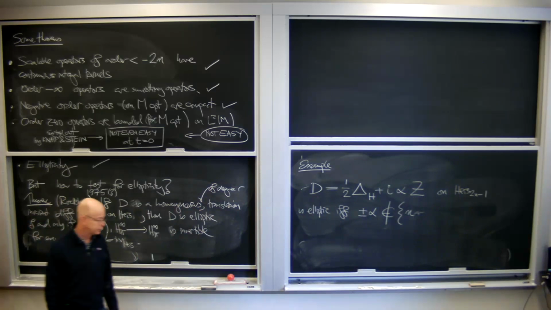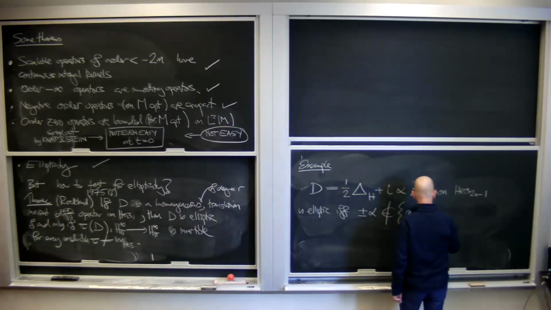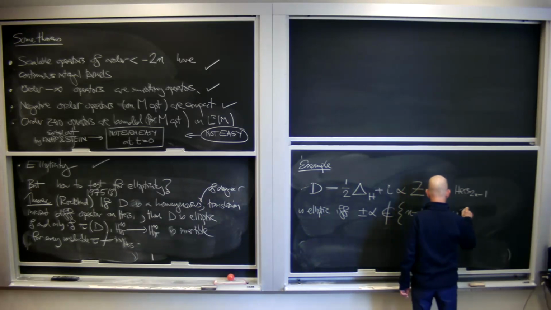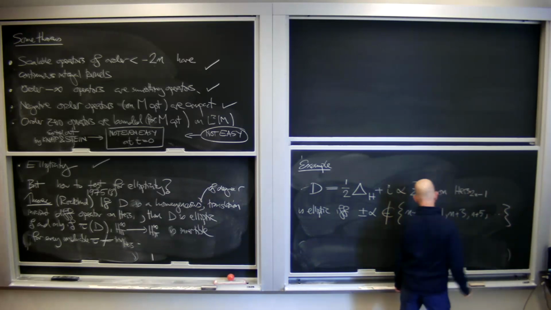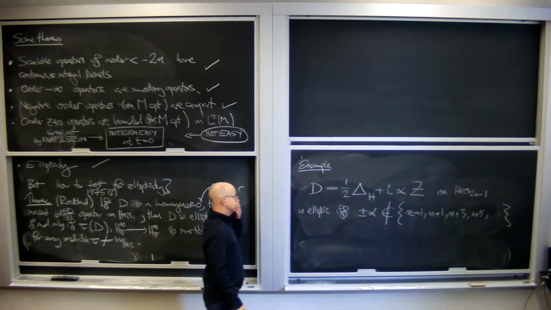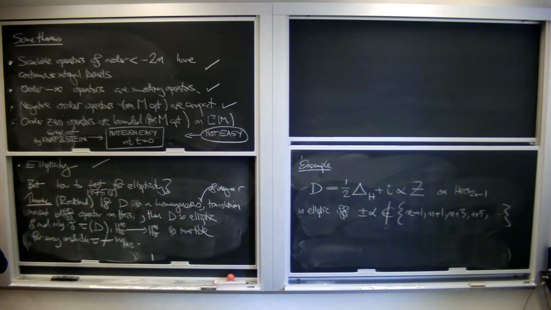Yes, n minus 1. This strange collection of numbers comes from calculating the spectrum of the harmonic oscillator. That's the reason they're there. And this is the criterion for ellipticity.